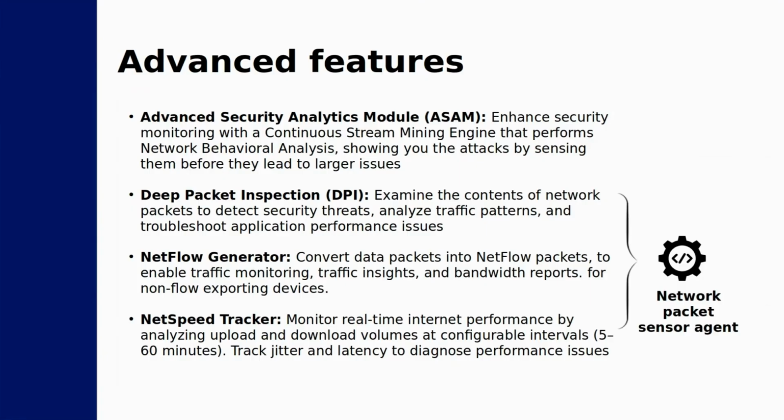In that case, if we still want to monitor, then we can utilize the NetFlow generator option by clubbing with the deep packet inspection, so that we can monitor the flow information through the port mirroring and get the data through the NetFlow generator. NetSpeed tracker is a real-time monitoring wherein we can get the data in real time, and it will keep us monitoring the information and keep you updated on it.